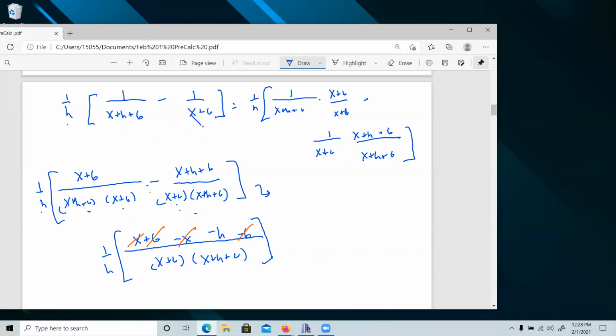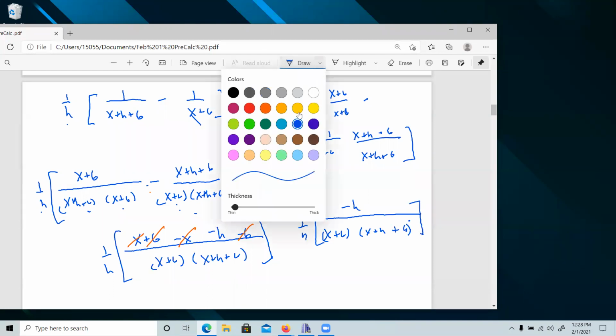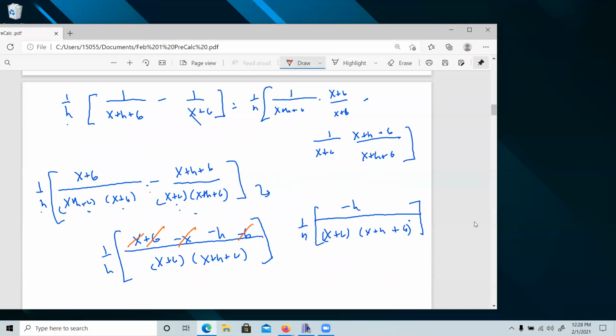Let's combine and see what we have. We have 1 over h here, a negative h up here, and on the bottom this horrible thing. Again, don't waste your time multiplying this out. And we have some h's that cancel. Look at that, that's gone.